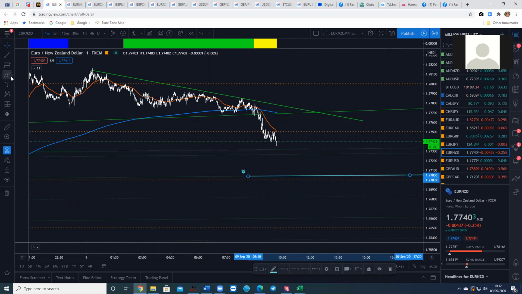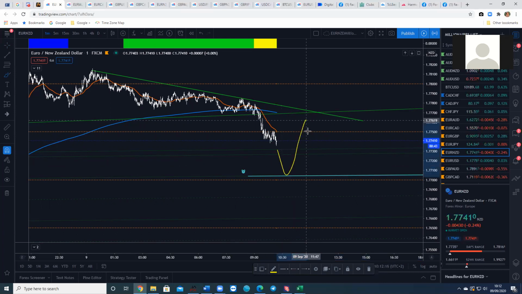So what we're looking for on this is, and I can see some old extensions there, so it may want to turn around before this. That's what we're looking for, up to there, but it could fail anywhere along here and then come up. So I might put another alert on.